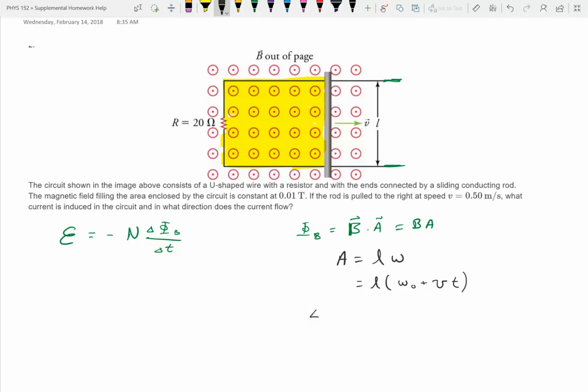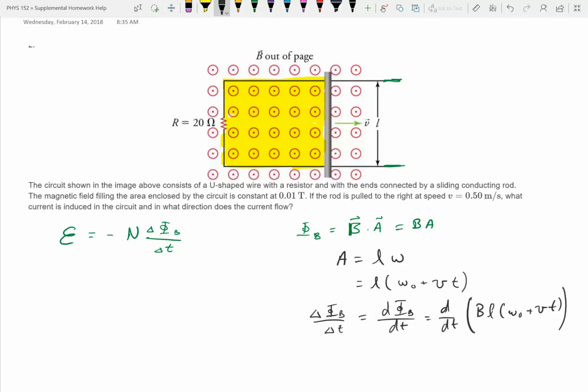So now if I do the change in magnetic flux with time, well, you've taken calculus, that's really the derivative. So I'm really taking that derivative.